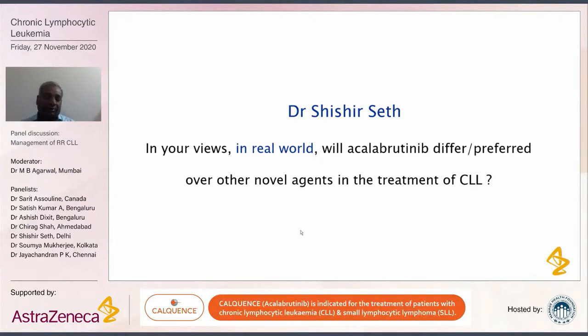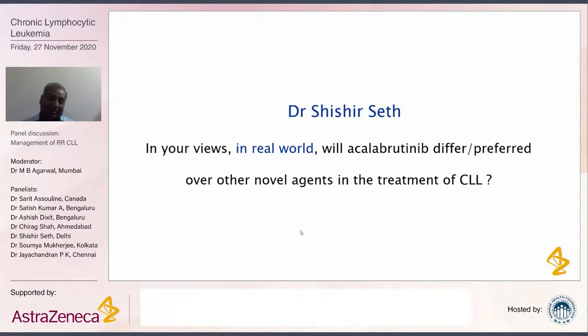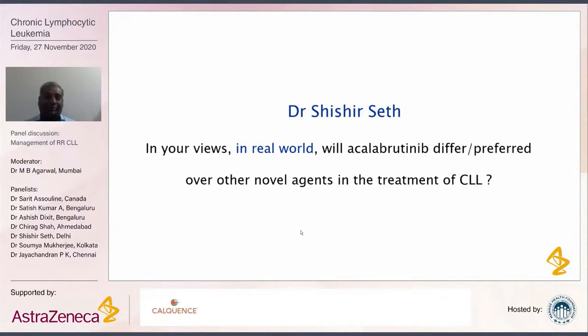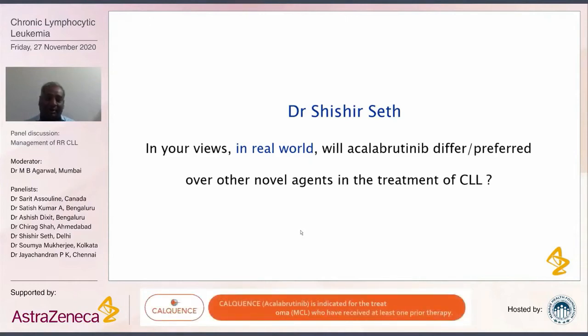But how much difference there is with the other agent like venetoclax is very difficult to say, because the study with venetoclax is a definite therapy that can be stopped after 12 months. So I think we need more data to mature to say whether acalabrutinib can also be used as a definite therapy for those achieving MRD. After MRD, we can stop the drug and see.